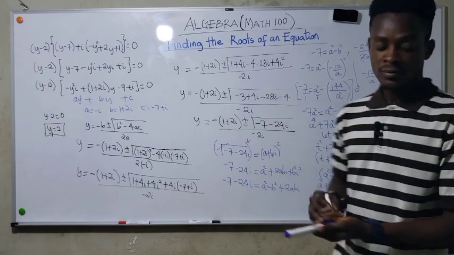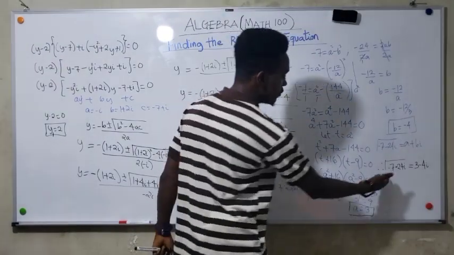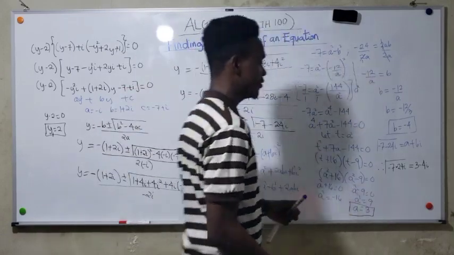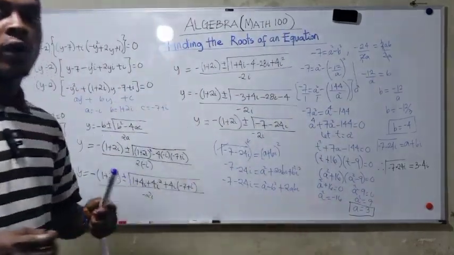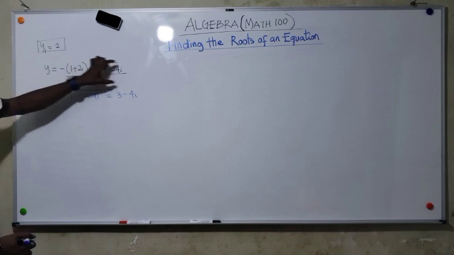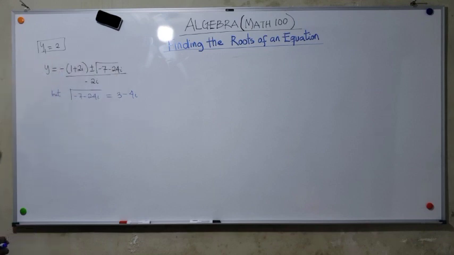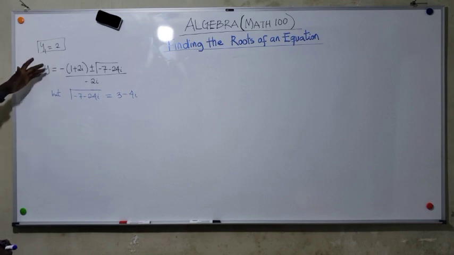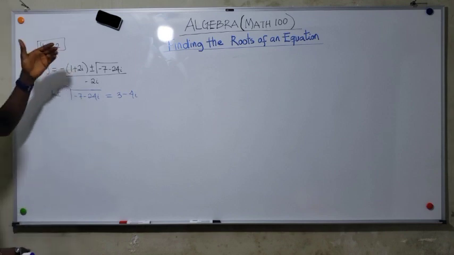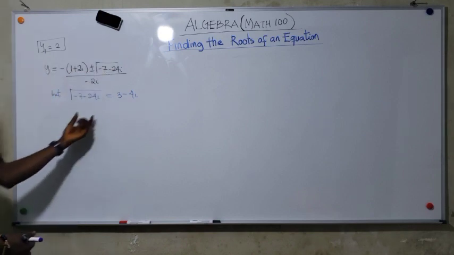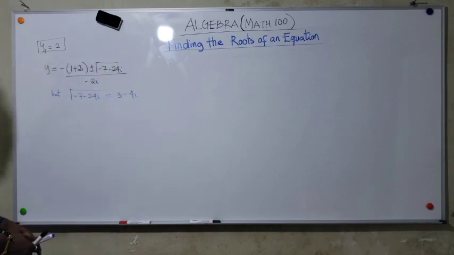So the square root of this complex number is minus 3 plus 4i, and our y1, which is our first root, is equal to 2. And that was our quadratic formula we solved, and we found our complex square root to be equal to 3 minus 4i.